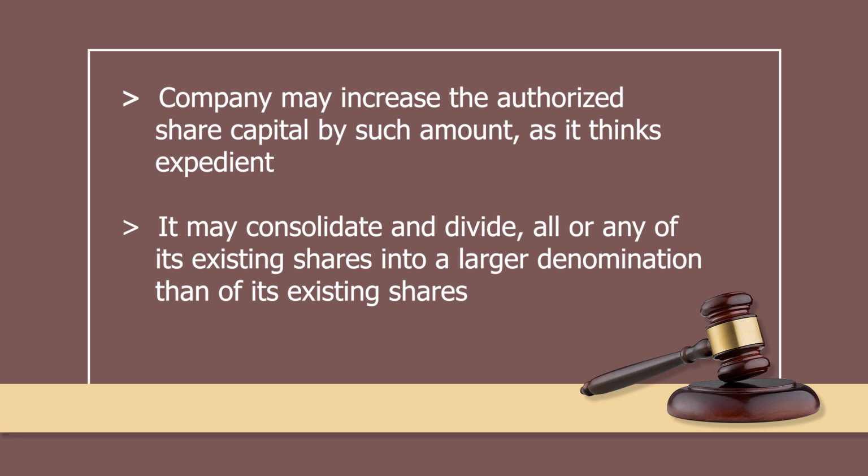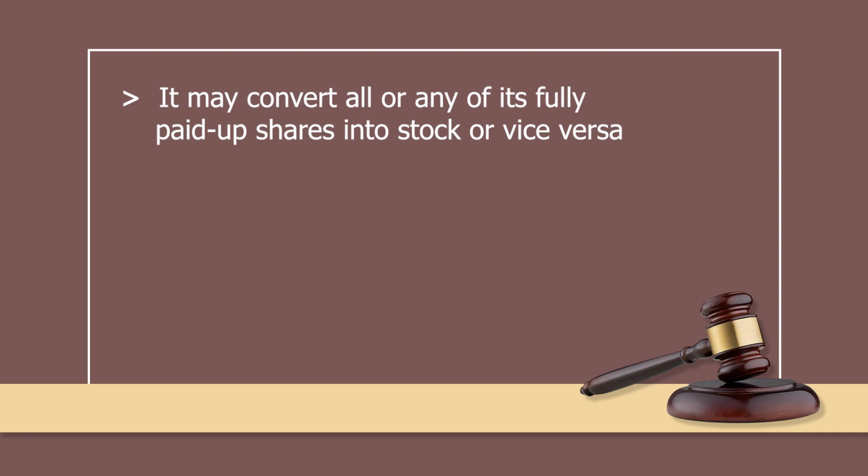Number two, it may consolidate and divide all or any of its existing shares into a larger denomination than any of its existing shares. For example, by consolidating 10 shares of rupees 50 each into one share of rupees 500 each. Number three, it may convert all or any of its fully paid up shares into stock or vice versa.